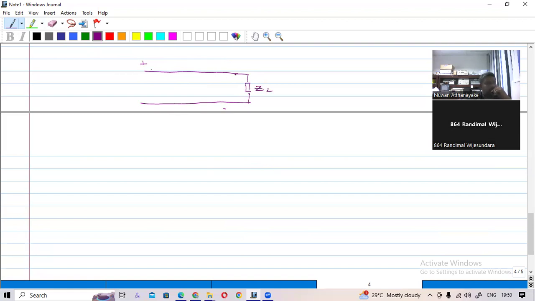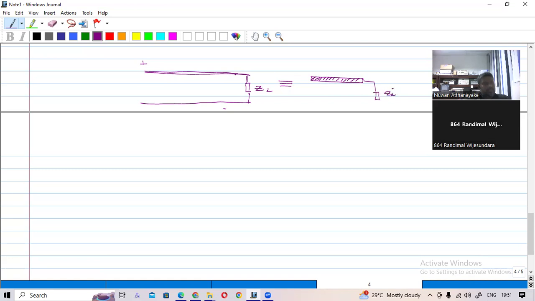Now you can see that this is a transmission line. That load is connected to the ground. So actually, if we consider a transmission line, for example, maybe a copper strip or something, we have connected an impedance ZL.